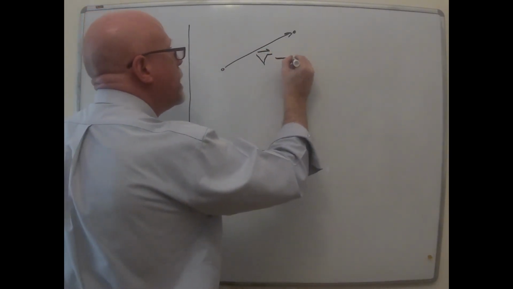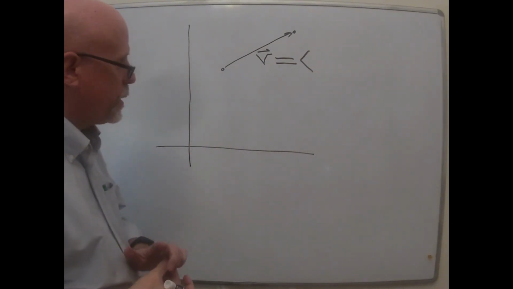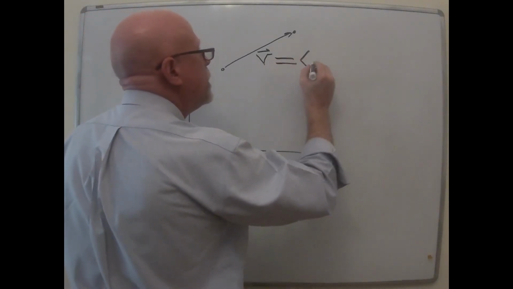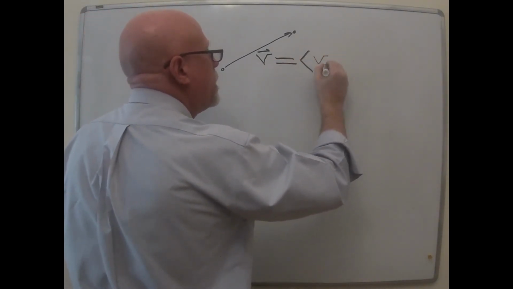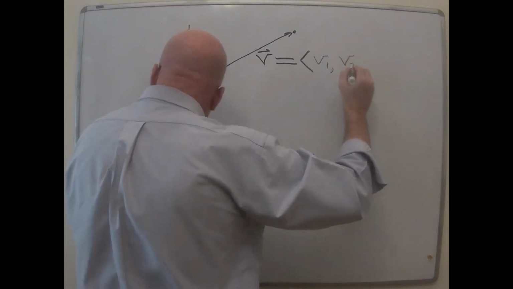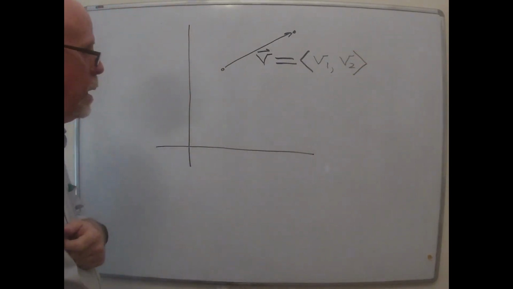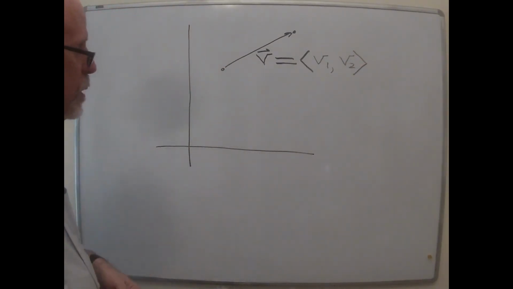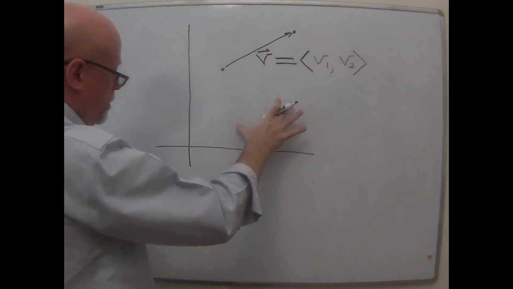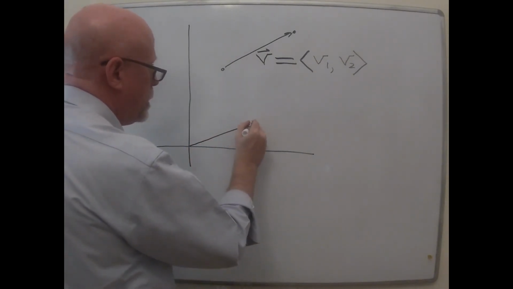Suppose v has components, actually the standard way to refer to the components of a vector is to use the same letter and then put subscripts on it. So v has components v1, v2. Well, that means that you could think about shifting v down until its tail was at the origin.